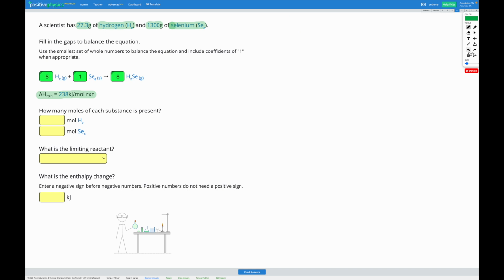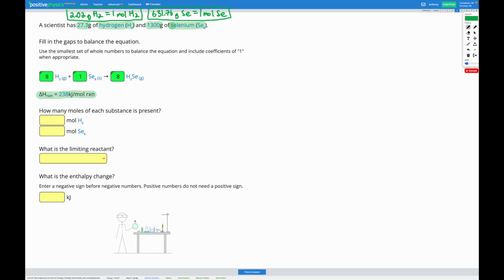So our conversion factor for hydrogen is that we have 2.02 grams of hydrogen in 1 mole of hydrogen. And for selenium, Se8, our conversion factor is that we have 631.76 grams of selenium in 1 mole of selenium. So those are our 2 conversion factors we're going to use here.